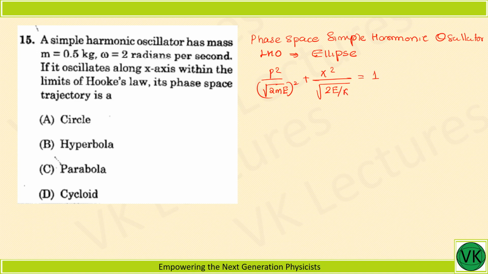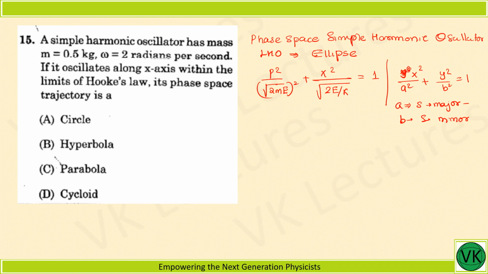And we know that the formula for an ellipse is x square by a square plus y square by b square equal to 1, where a is the semi major axis and b is the semi minor axis. Now when a equal to b, it will become a circle.